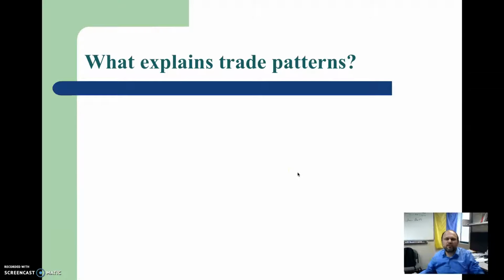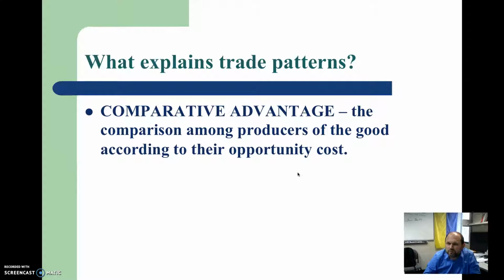So the idea of the comparative advantage theory is that the first thing we need to do is calculate the opportunity costs. Look at how much a producer needs to give up in order to produce one unit of this particular good.